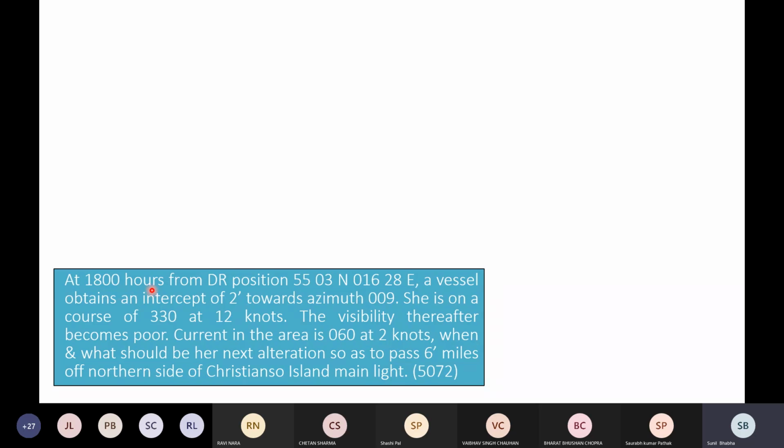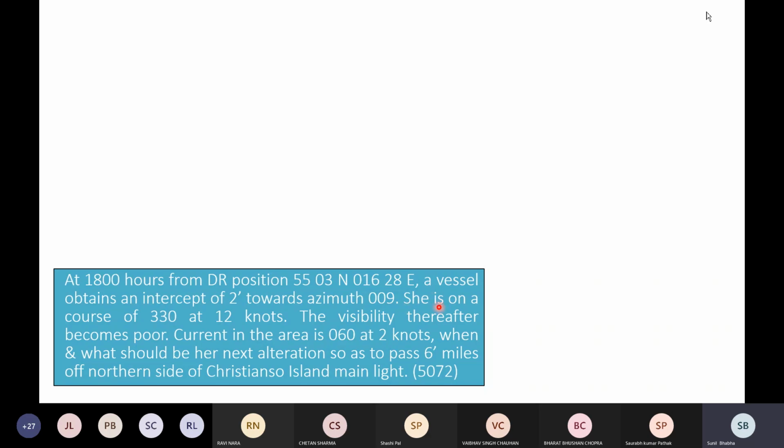At 1800 hours, from DR position 5503 north, 01628 east, a vessel obtains an intercept of 2 miles towards, azimuth 009 degrees. So you see he has taken an intercept observation. The intercept is given to us, the azimuth is given to us, and the DR position is provided. So we have all the information required to plot the position line.